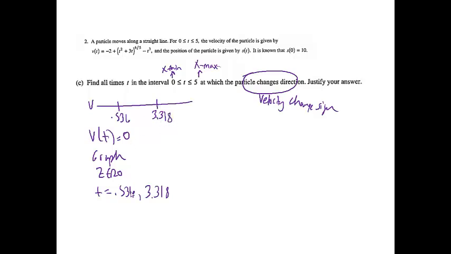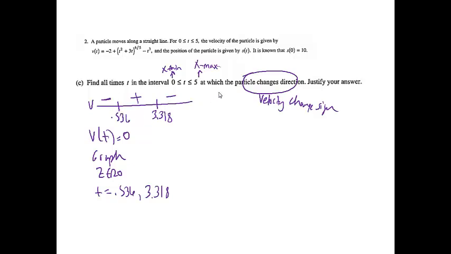You could plug 0 into the velocity formula and see if you get a positive or negative answer, or you can use the graph. Our graph is below the x-axis before 0.536. It's above the x-axis between 0.536 and 3.318, so that is positive, and the velocity graph is below the x-axis after that, so my velocity will be negative.